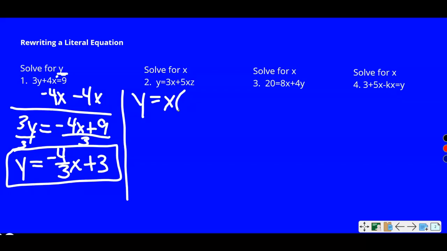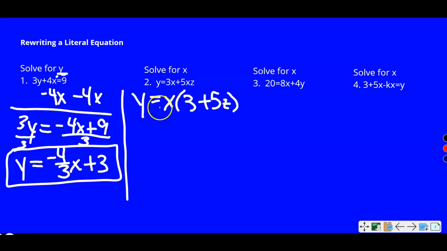Since both of those have an x, we can pull the x out and we're left with 3 plus 5z. Again, this is just a way to rewrite this expression, but it isolates the x because we're trying to solve for x.